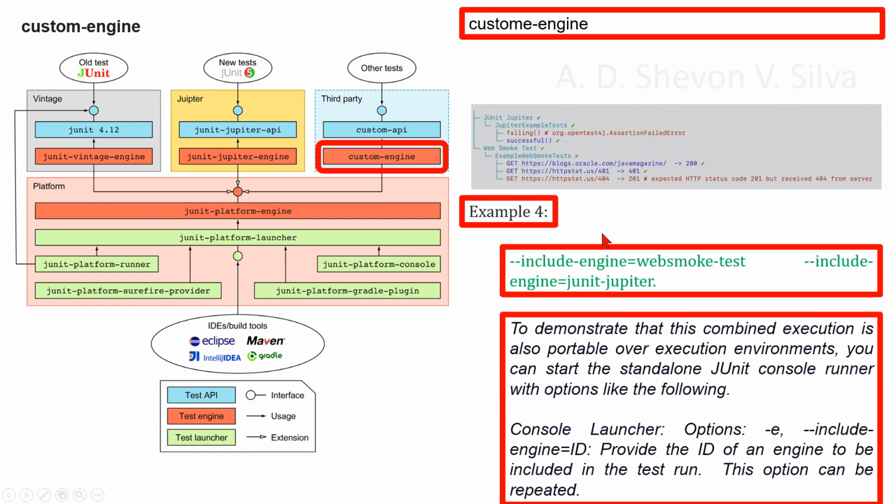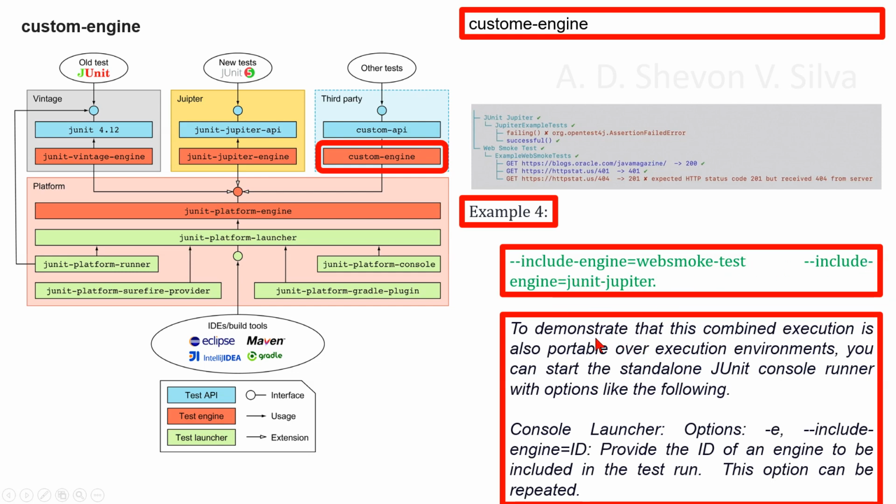As an example, this demonstrates that in the IDE, tests for different test engines are shown in a single graphical test execution tree in the IDE. This combined execution is also portable over execution environments. You can start the standalone JUnit console launcher with options like the following.